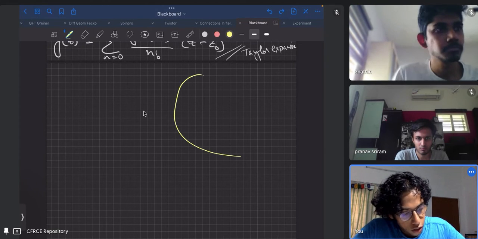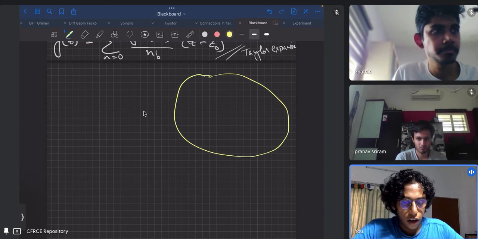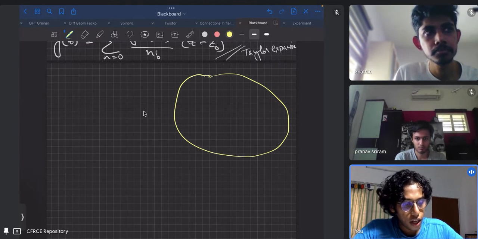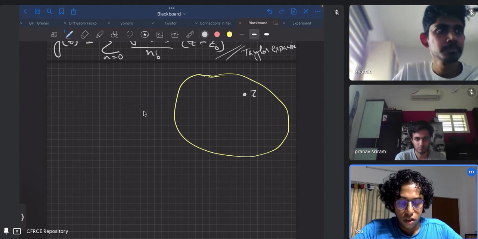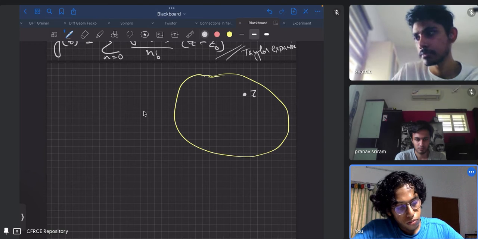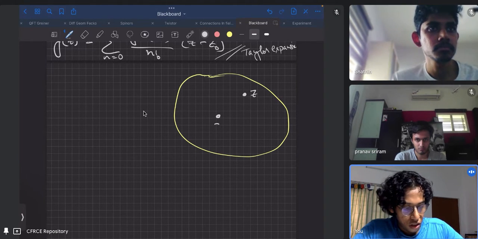Okay, so you have a region, right? You have a contour, and within the contour, what you want to do is take some point z, and take some particular point z naught.